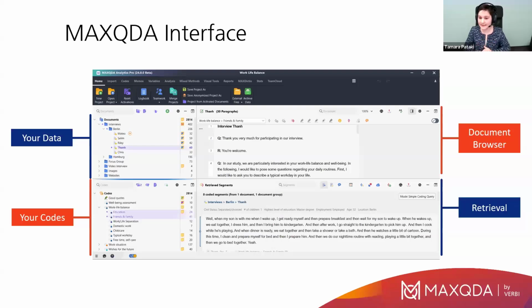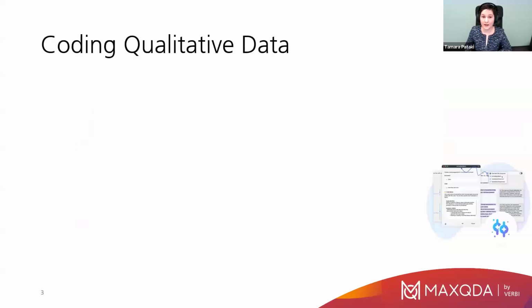And when it comes to mixed methods analysis, it also allows you to display your variables so that you can immediately contextualize this qualitative data in the context of your quantitative research as well.